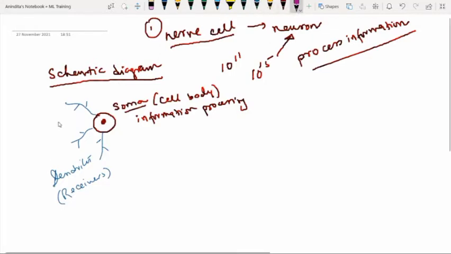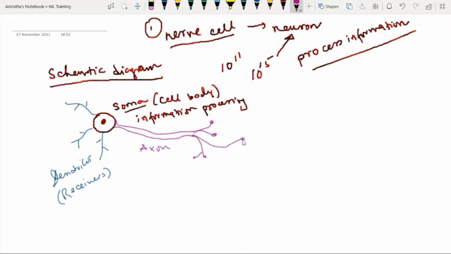And now see, we have this kind of tailed structure that is known as the axon. And at the end of the axon, we have this kind of threaded nodes. So what is this? After the axon, these are known as synapses.